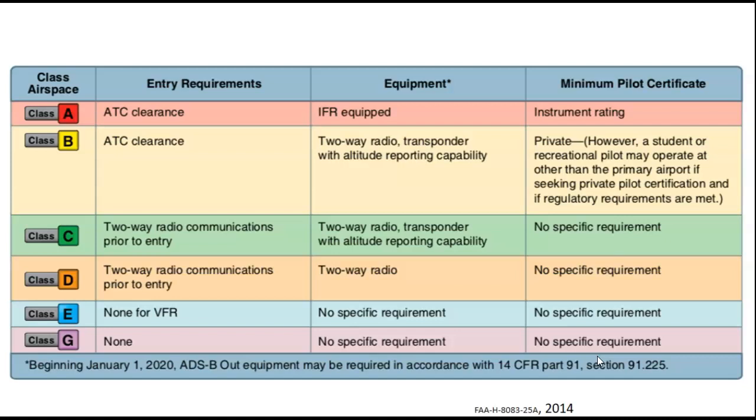For Class Echo, there is no entry requirement for VFR flight. So if you're on a visual flight in Class Echo, there are no specific equipment requirements and no minimum pilot certificate. And the same for Class Golf.